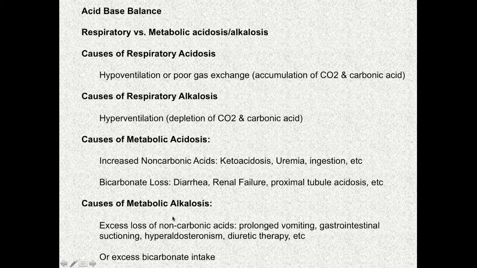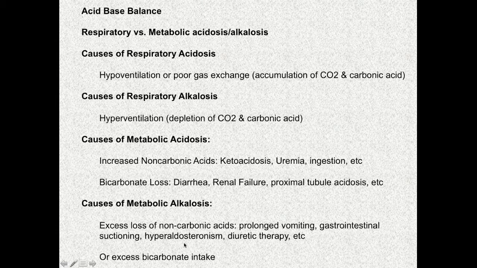Metabolic alkalosis can be caused by an excess loss of non-carbonic acids. So prolonged vomiting, you lose a lot of hydrochloric acid, which is going to change the body's pH. Excessive GI suctioning, right? Gastrointestinal suctioning, again, removes acid that's in the GI system.